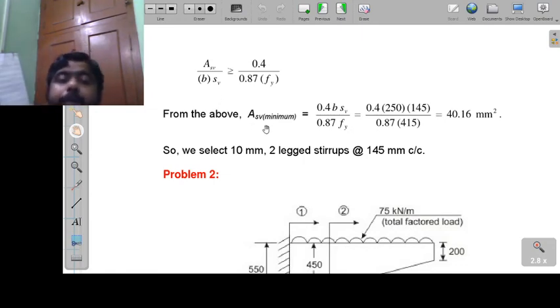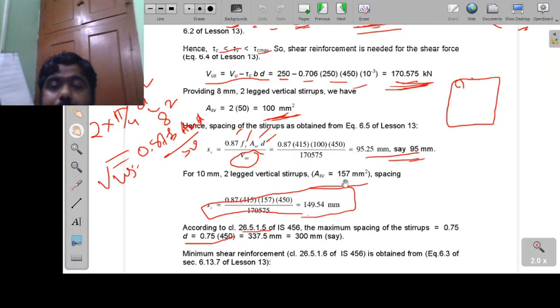Here what I have done is that Asv was calculated. I will show you the Sv also. So, what is the Asv? Asv minimum is 0.4 b Sv divided by 0.87 Fy. So, b is 250 in our case, and Sv you can apply here. In this case, we have calculated Sv as 149.54.